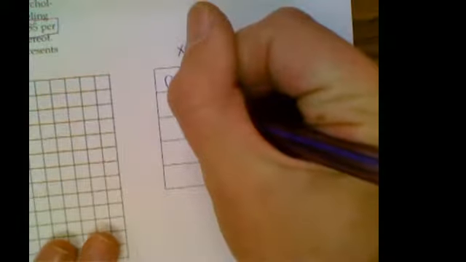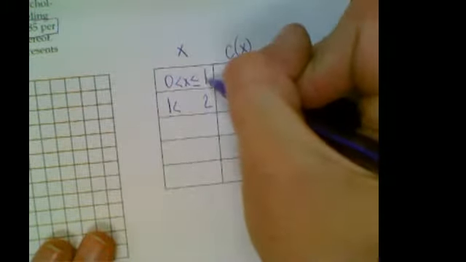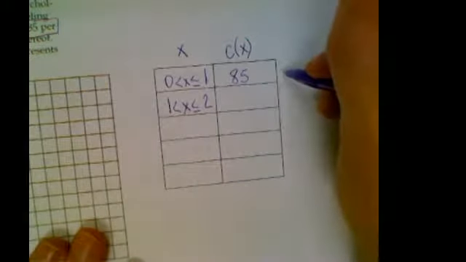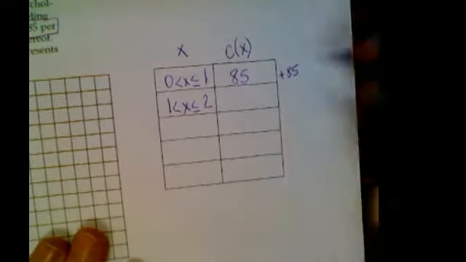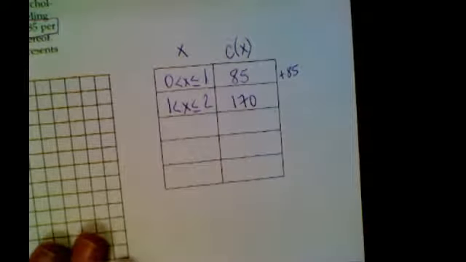So now we're talking about the time from 1 to 2 hours, not including 1, because if it's 1 hour, they're going to charge you the 85. But anything from 1 and over up to 2 is going to charge you 85 plus 85 because now it's 2 hours and that's going to be $170.